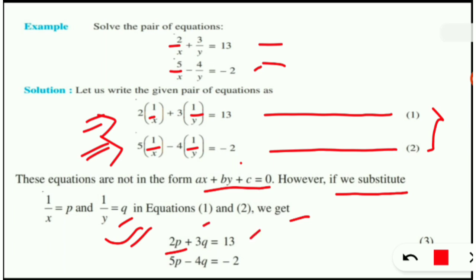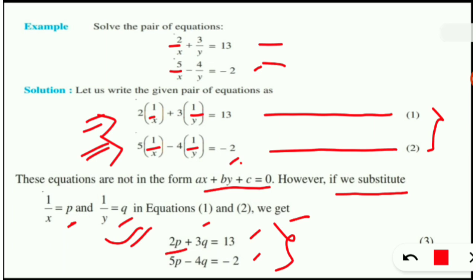Again for equation 2, 5 into 1 by x becomes 5p, and minus 4 into 1 by y becomes minus 4q, so 5p minus 4q equals minus 2.